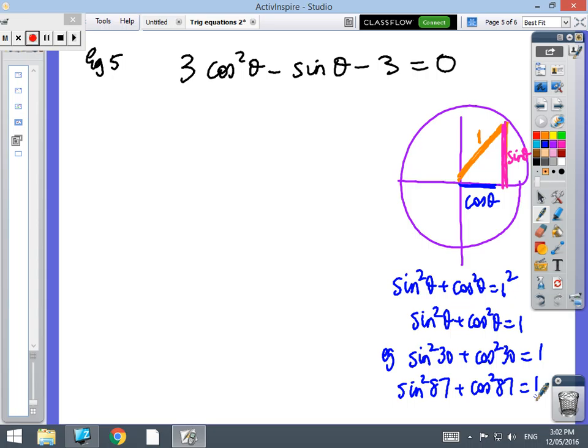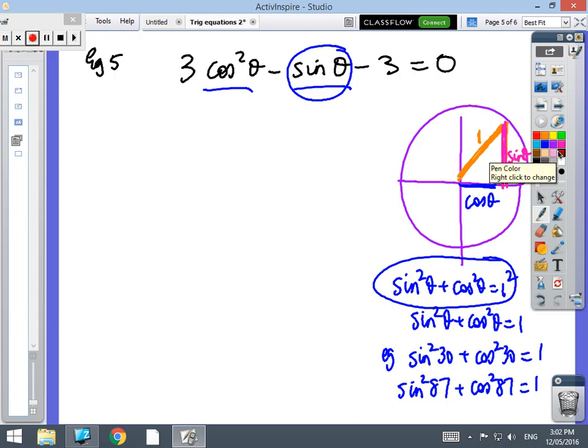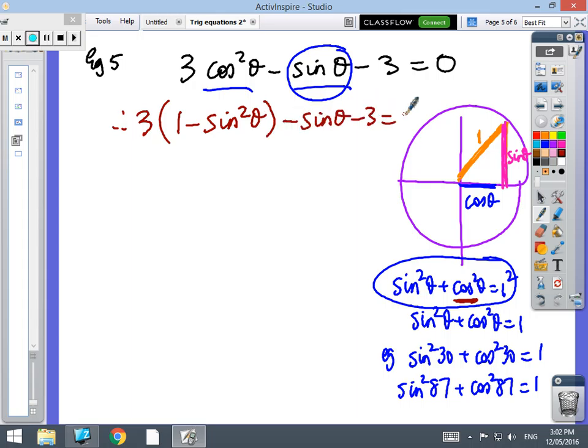So when you've got coses and sines in the same question, you've got to use that sine squared plus cos squared equals 1 relationship, and convert it to the one that's not squared. So that number there is what we're not going to change. Now, if cos squared is the subject, that means it must be 1 minus sine squared on the other side, minus sine theta minus 3 equals 0. Then expand it out.